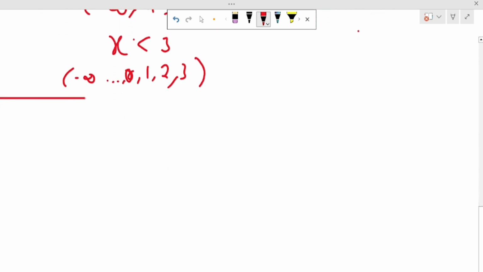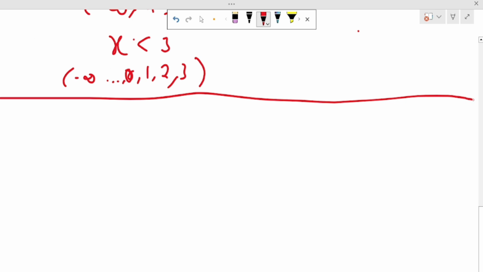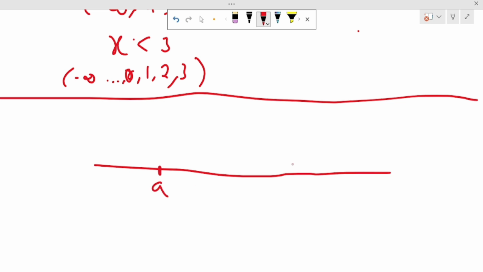Now we'll deal with the midpoint of an interval. Let's move on to the midpoint of an interval. Suppose we have real numbers a and b on a number line. So let's write here a and this point as b.